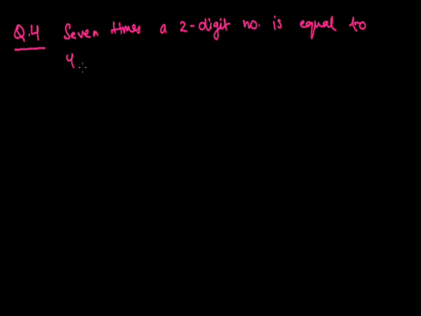Now we'll see some more examples. First we'll write down the question. In the question it is given that 7 times a 2-digit number is equal to 4 times the number obtained by reversing its digits.